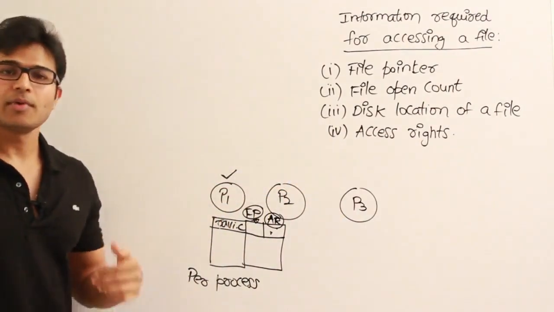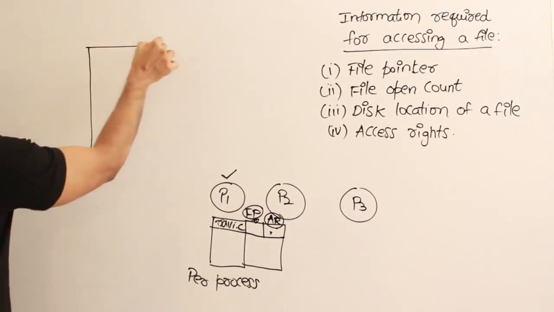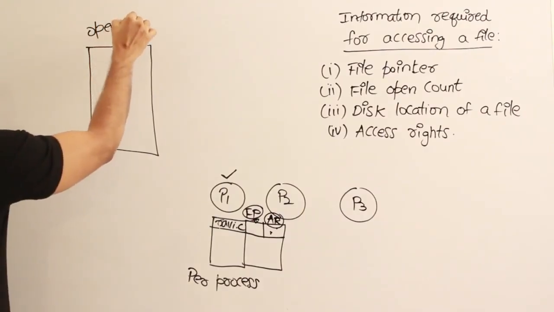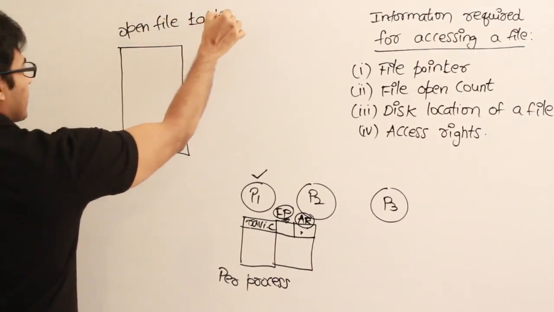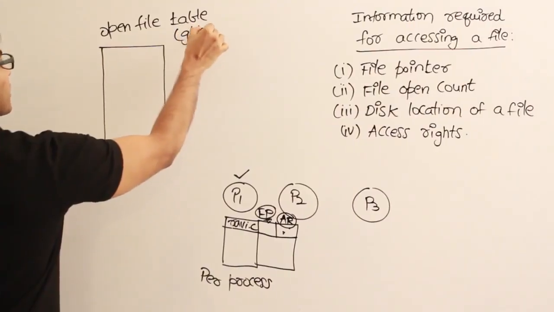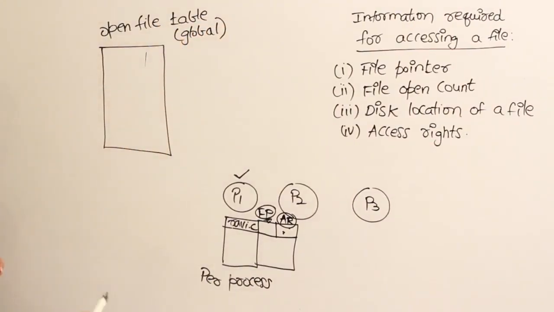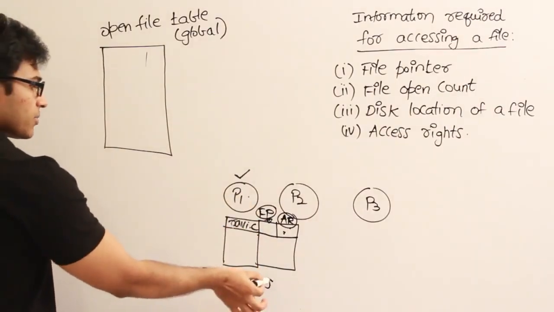Along with this, the operating system will also maintain a global table, the open file table. This is global, which means for all the files which are open, it is going to maintain a global table, and for all the files which are opened by a process, it is going to maintain a per process table.